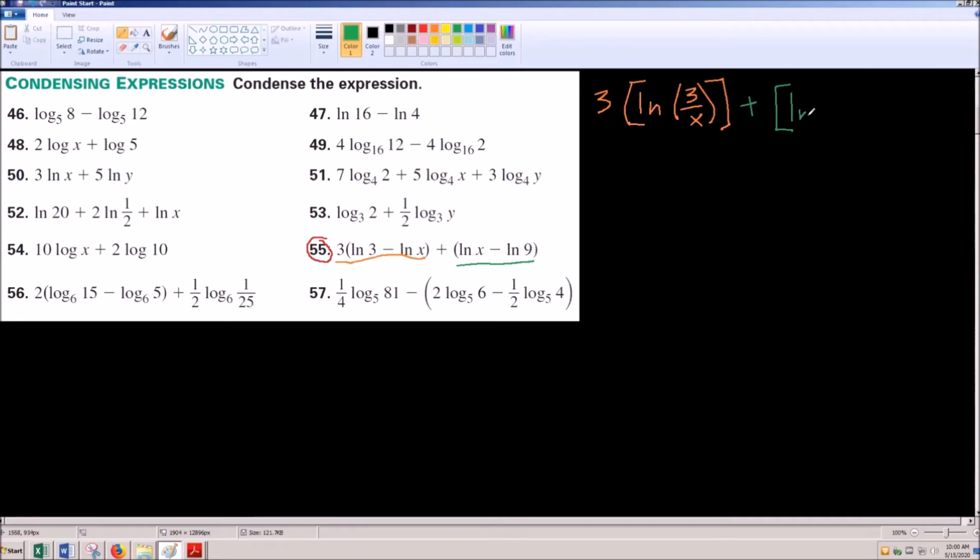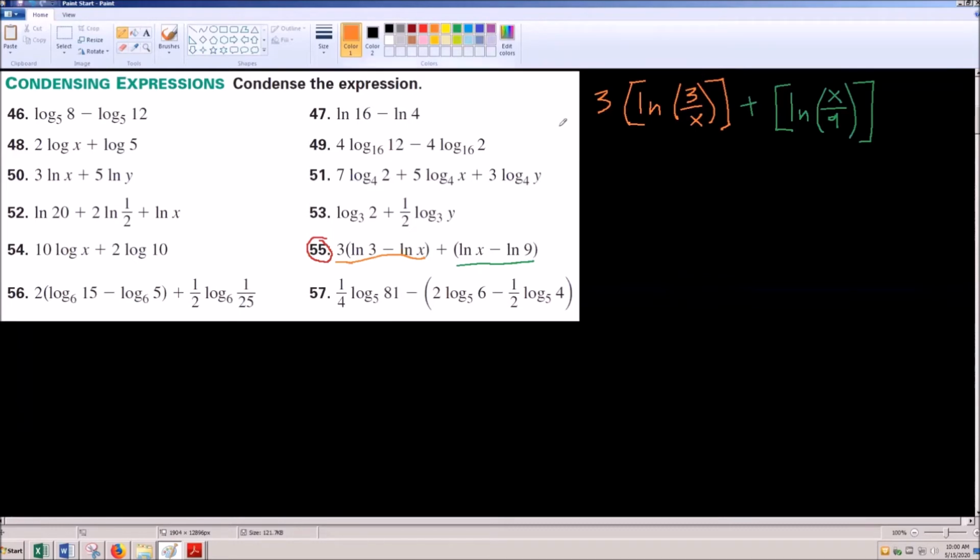So here I'm going to just leave it as plus. Now here I have natural log of x over 9. So now as I am looking at this, I want to take the two things here and add them up. But first I'm going to take care of my exponent here. So this being out in front, the multiplication means that it's this thing raised to the third power.